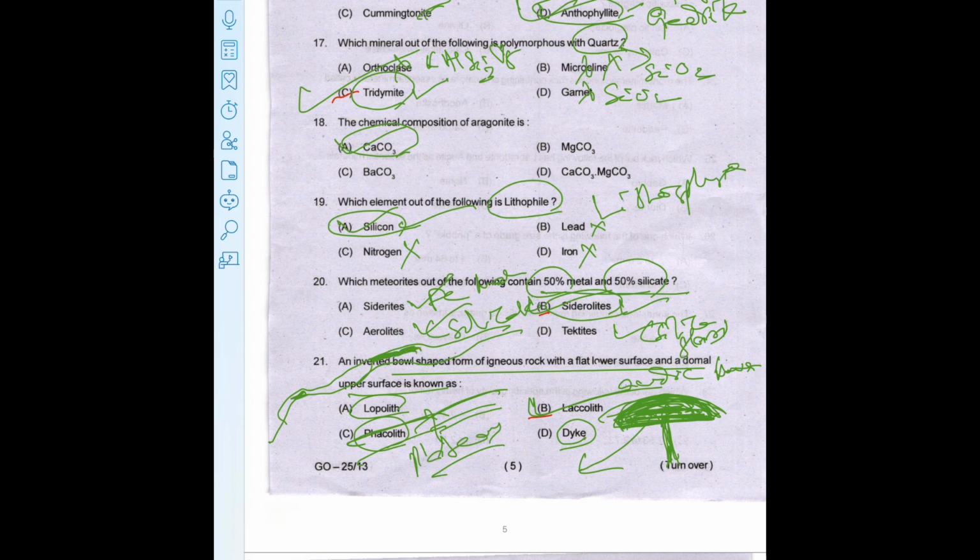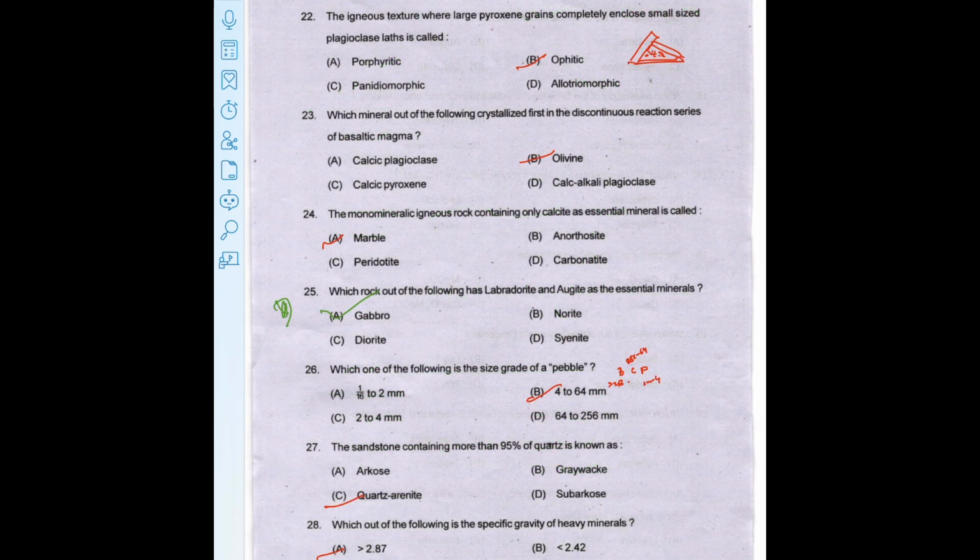If it is basic in nature, it can accumulate easily because it will pass through the bedding planes of the folds. So at these sides we see accumulation of phacoliths. So laccolith will be the correct answer, with flat base and domal top.